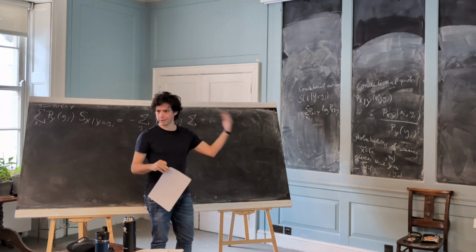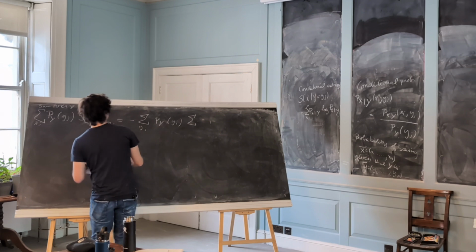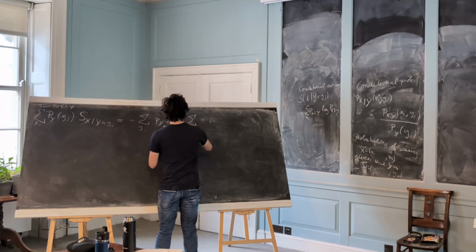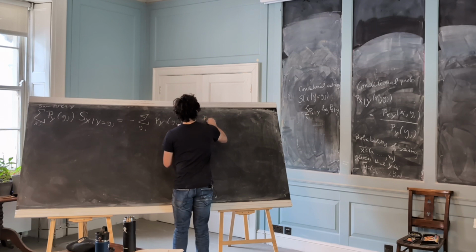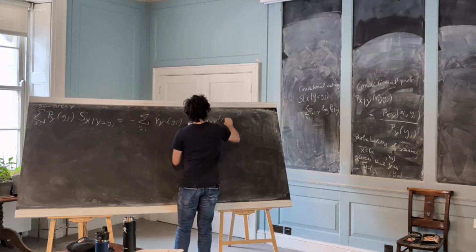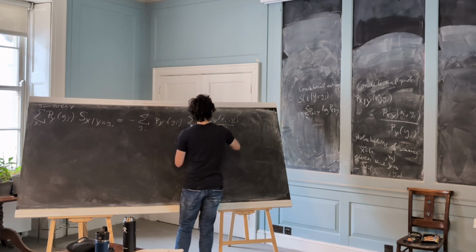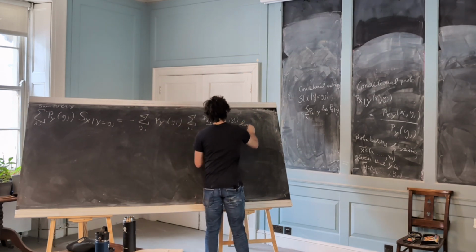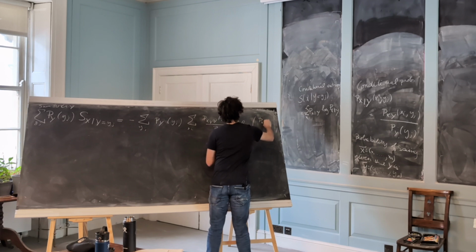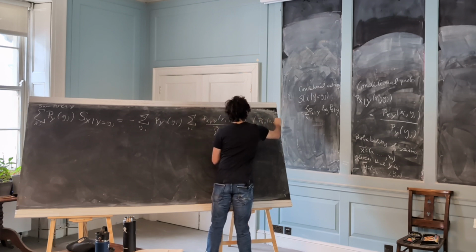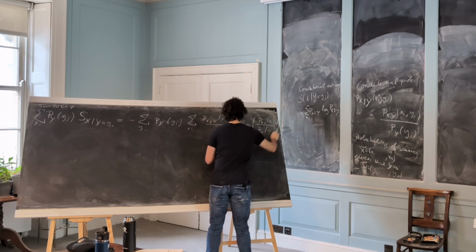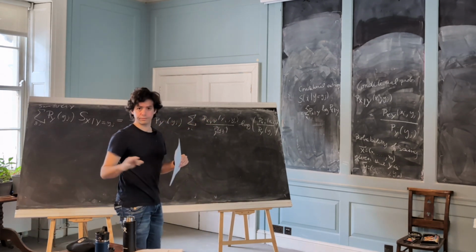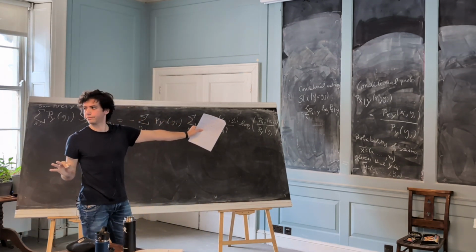Trace of rho log rho, sum over the state. So then sum over xi of p, the joint probability, p of xy of xi yj, divided by p of yj, and then log of that quantity. Just use the definition, right?